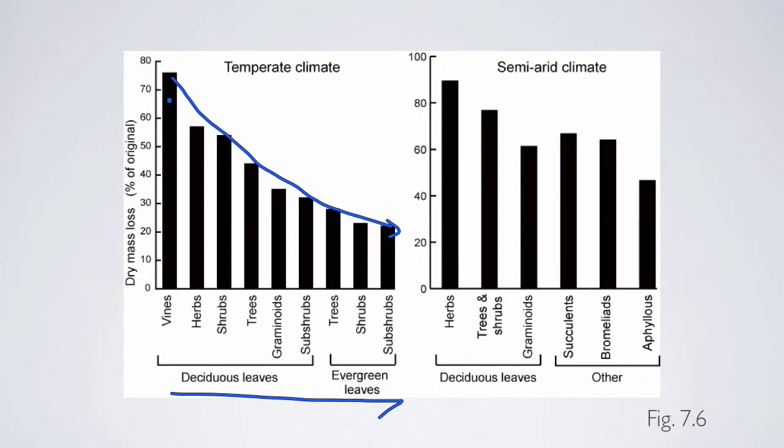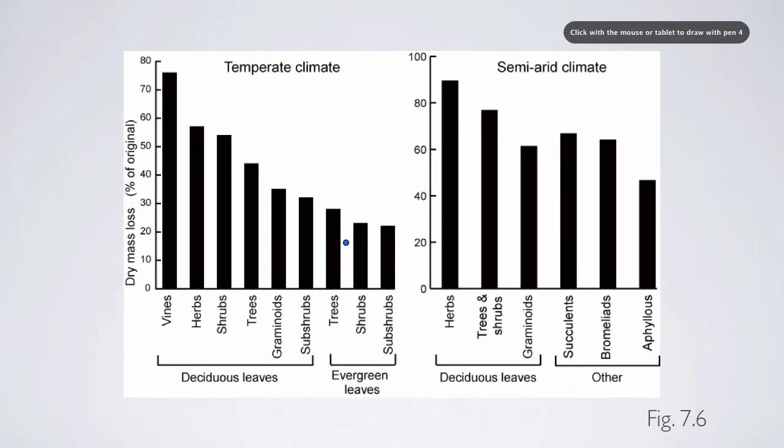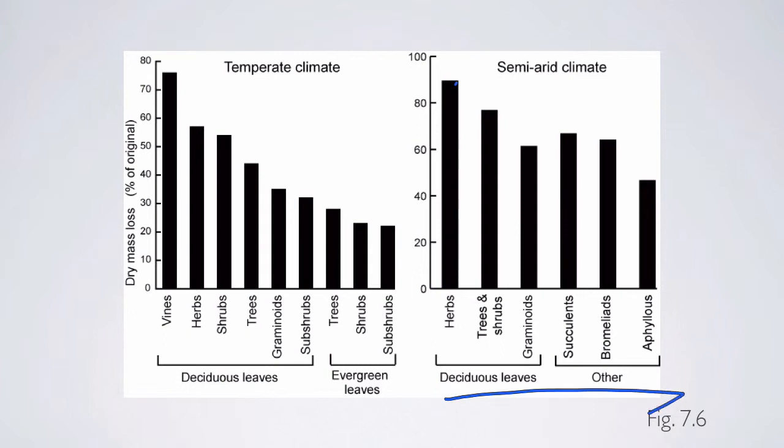So vines which dominate high fertility areas can lose 75% of their mass in a given unit of time, whereas it's somewhere on the order of a third of that for these evergreen trees and shrubs. The same pattern exists in semi-arid climates. Not quite as strong, but still those species associated with high fertility sites down to low fertility sites decompose faster to slower.